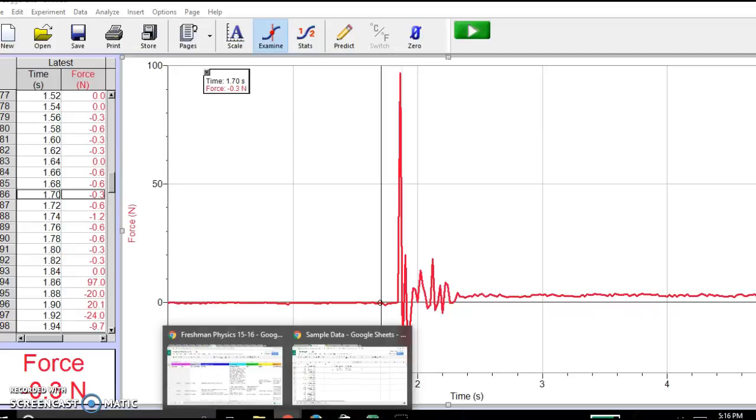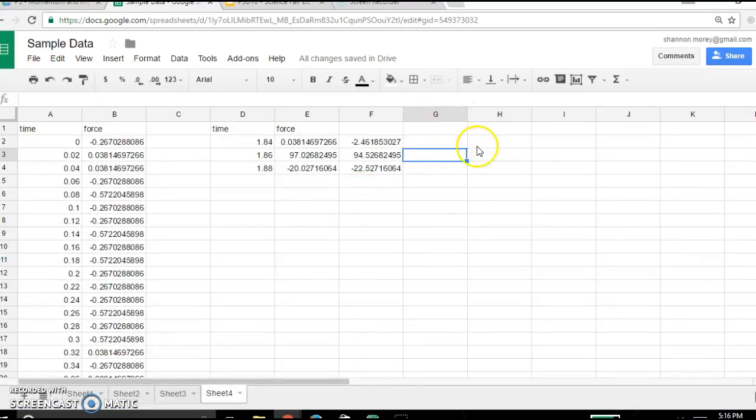So if we go back to our Google Sheets, we can find out what that is. Let's say we're going to calculate the base of our rectangle. Okay, so that's going to be equal to 1.87 minus 1.84, and not shockingly, we get 0.03.